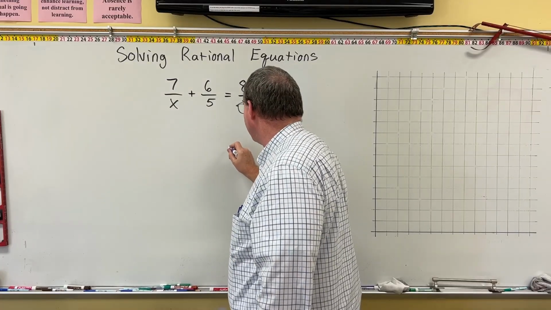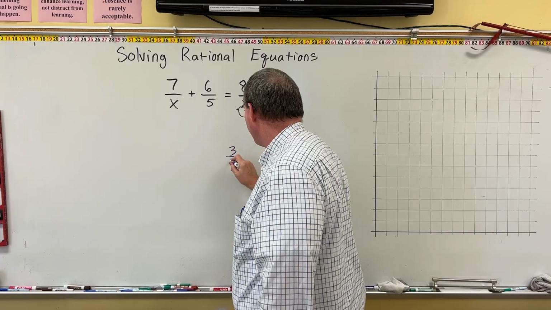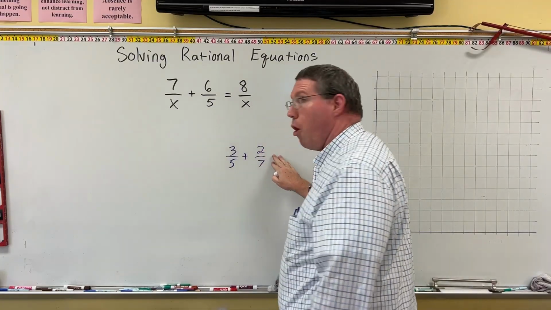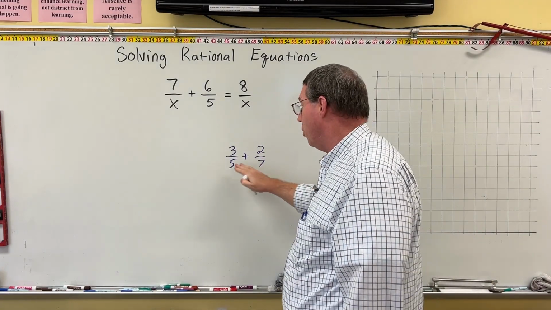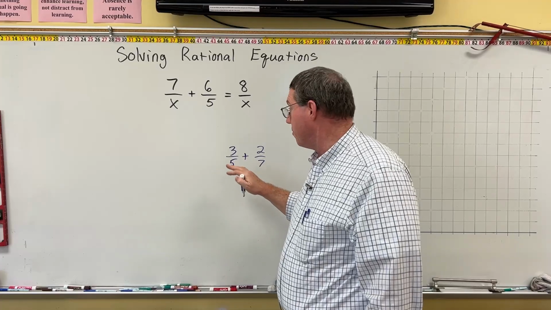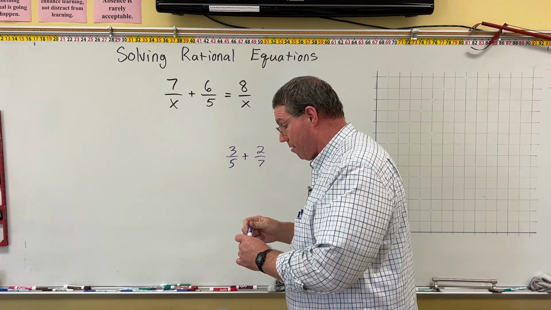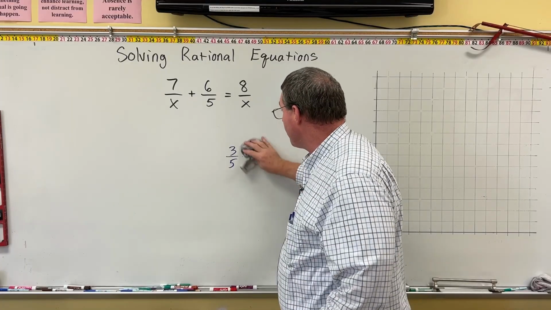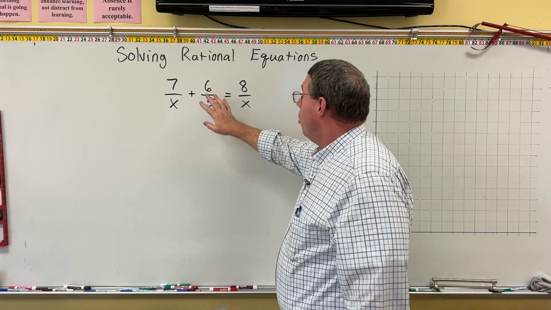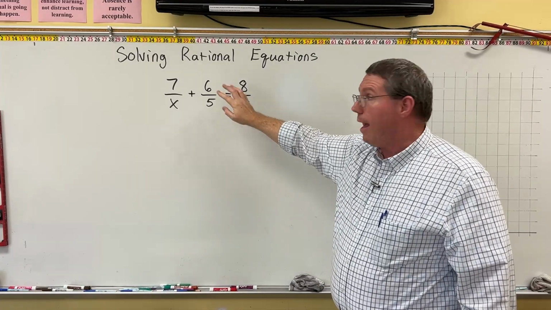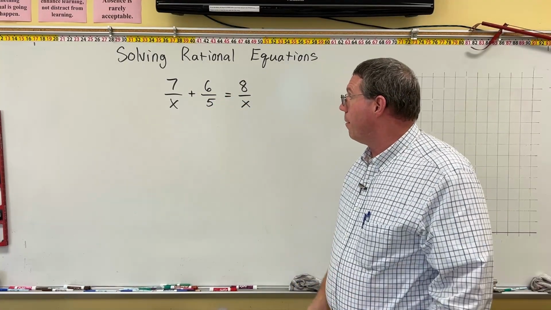If I'm just trying to add two fractions like 3/5 plus 2/7, with no equal sign at all, I can't multiply by the denominators. I have to multiply each thing by the other denominator. So that's a big difference. You can only cancel the denominator when you're dealing with an equation. And we are, so we can cancel these denominators.